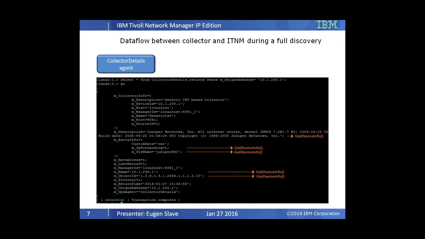Here you can see what the collector details returns output looks like for this particular device. We have sysname, description, name, and object ID populated by the getDeviceInfo information.